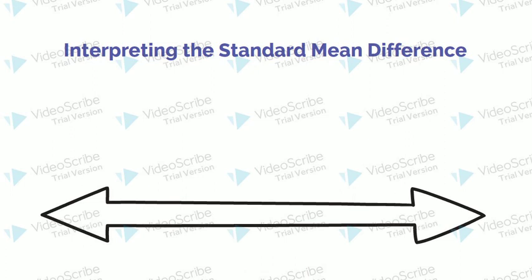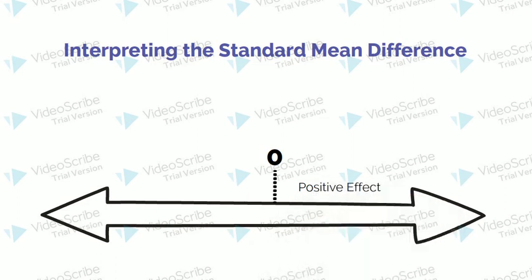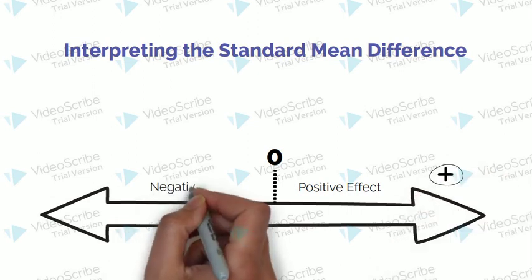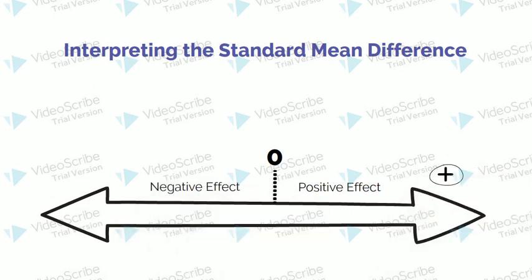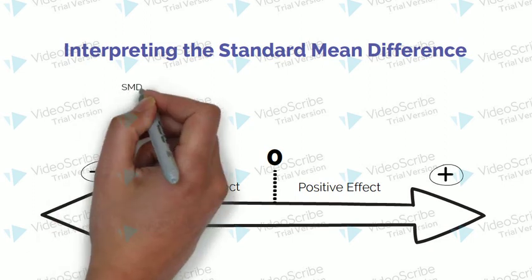Think of a spectrum, and in the middle you have 0. On the right-hand side, you have a positive effect. So anything on the right of 0 will have a positive effect, and anything on the left side of 0 will have a negative effect.